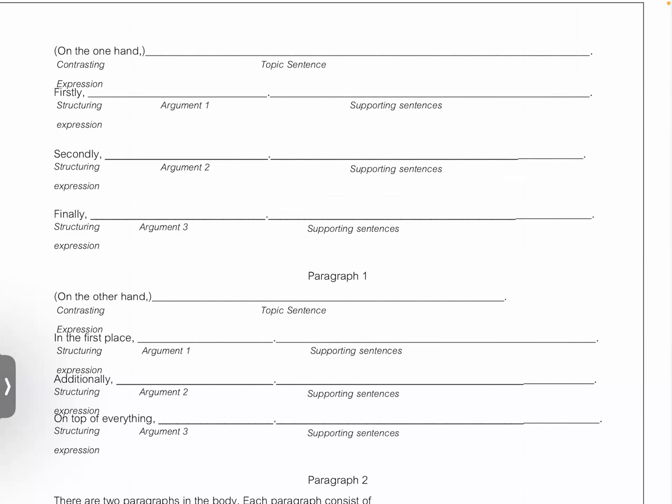Like if the first paragraph will focus on the advantages, and the second paragraph will focus on the disadvantages, you can have on the one hand. Okay, and the topic sentence of the next paragraph will have on the other hand.